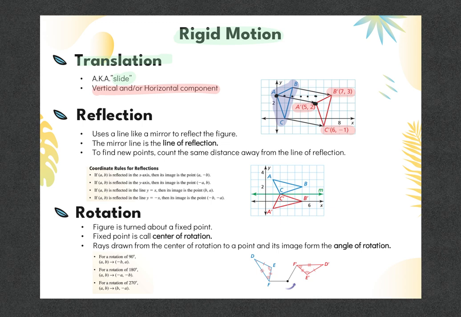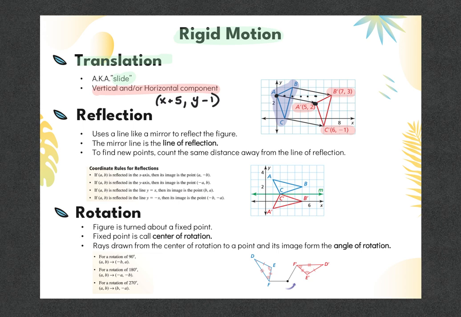The way we show that is that the X changed by going to the right 5, which means it would get added 5. And the Y changed by going down 1, so 1 would be subtracted from the Y. That's how you would show the change in a translation. If you did the same thing with B or C, it would all be the same. All of them are to the right 5 and then down 1.